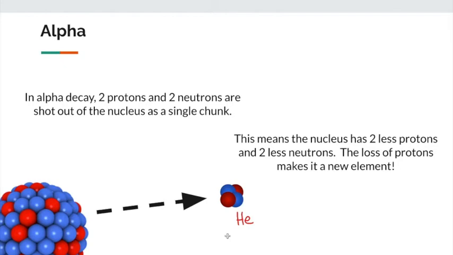Now, what we want to focus on is what happens to the nucleus that it was shot out of. Alpha decay often happens with large unstable nuclei. So for example, let's look at uranium-238. Now, for all of these questions, you're going to need to look at a periodic table.